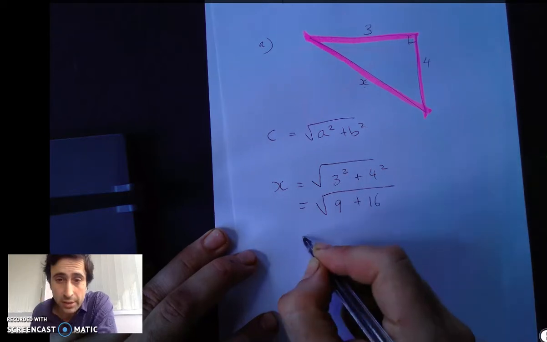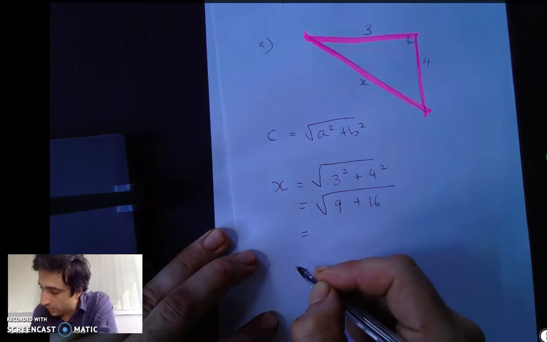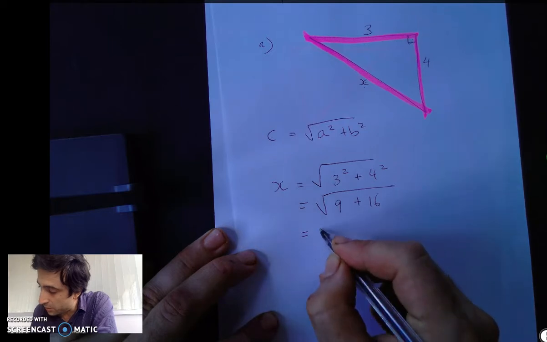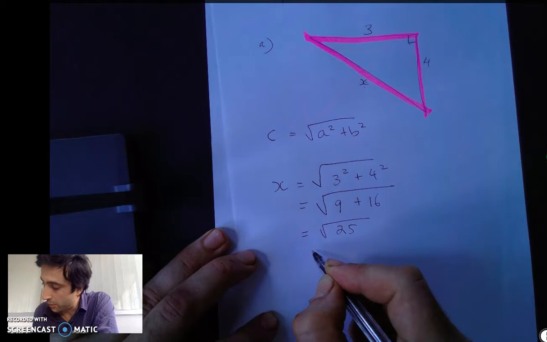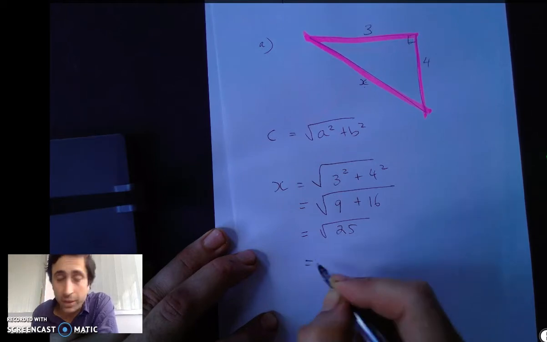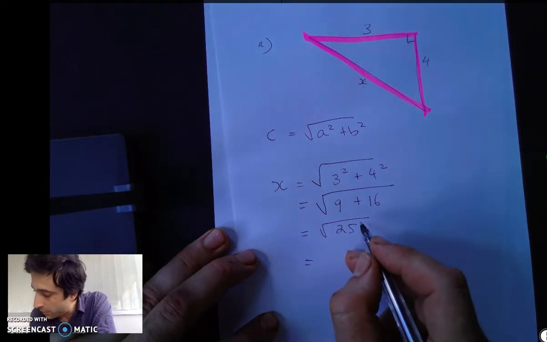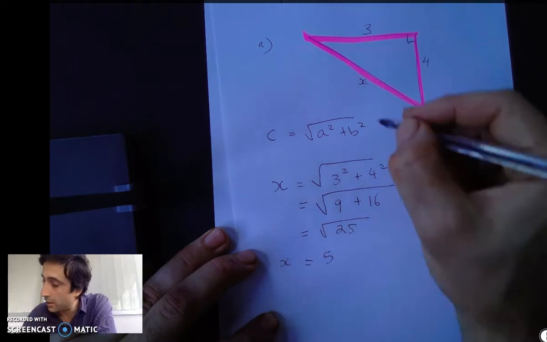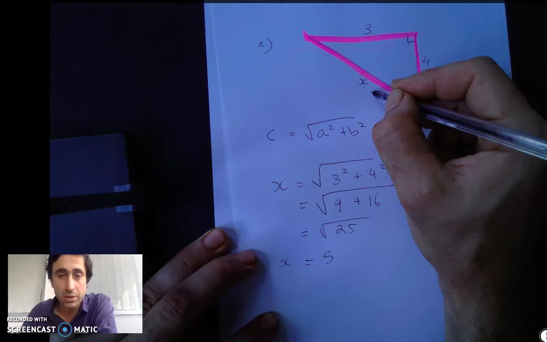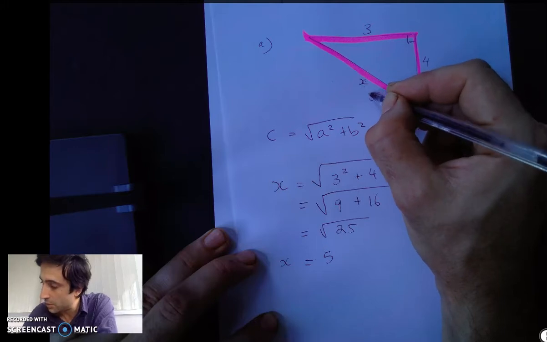Equal sign straight underneath. The square root of 9 plus 16, which is 25, which equals, if we punch that into your calculator if you don't already know it, 5. So in other words, x equals 5. Now I didn't put units, but let's say 5 centimeters.